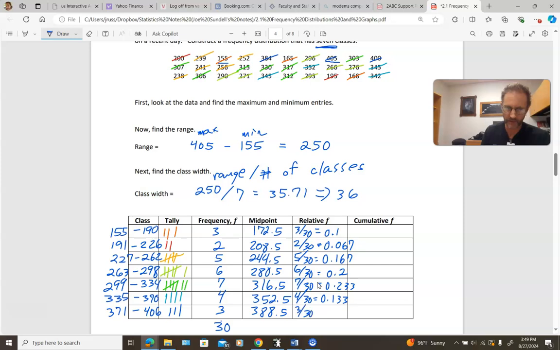And finally, 3 out of 30 again is another 0.1 or 10%.